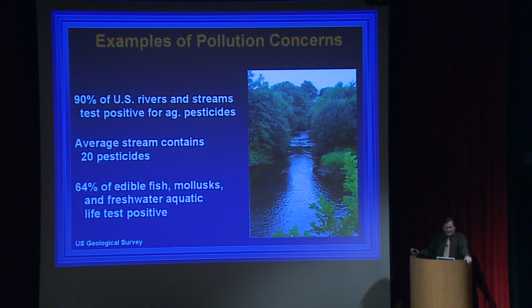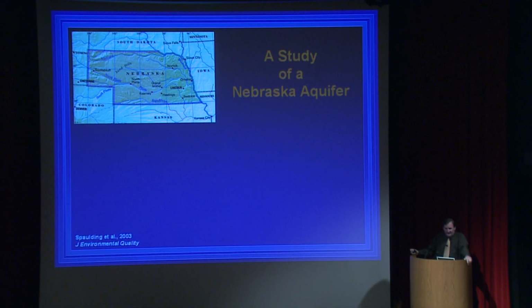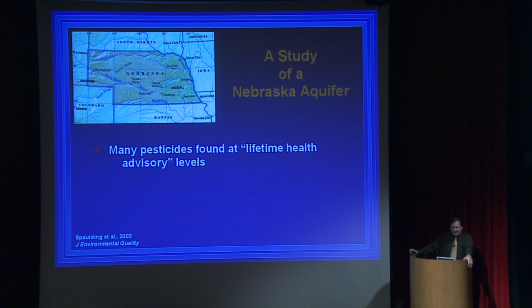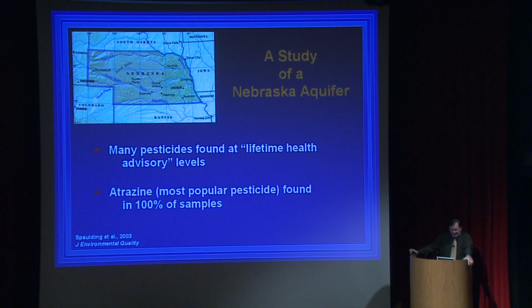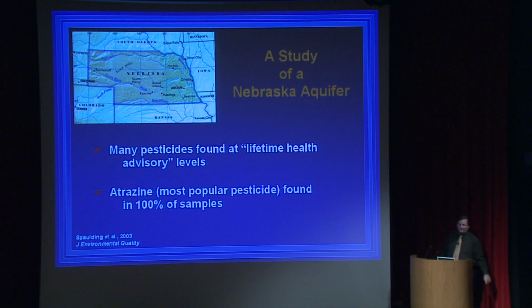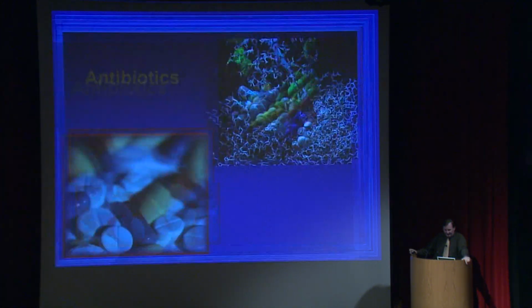The average stream tests positive for more than 20 pesticides, and a lot of the animals are affected as well. One study about a particular aquifer in Nebraska found many pesticides at lifetime health advisory levels, and that atrazine, the most popular pesticide used, was found in 100% of the samples from this aquifer.